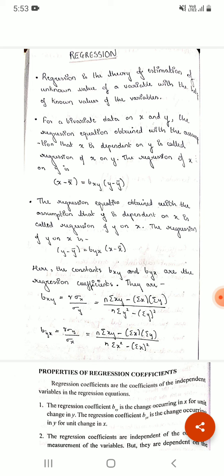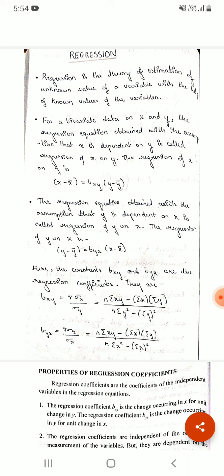Suppose the two variables are height and weight, and you know the values of height. Then with the help of those values of height you can estimate the unknown value, that is the weight. This concept is called regression. Whatever value you estimate, you cannot say that it is 100% accurate, but it is very near to the actual value.